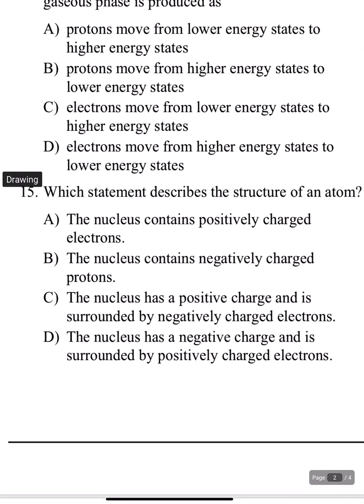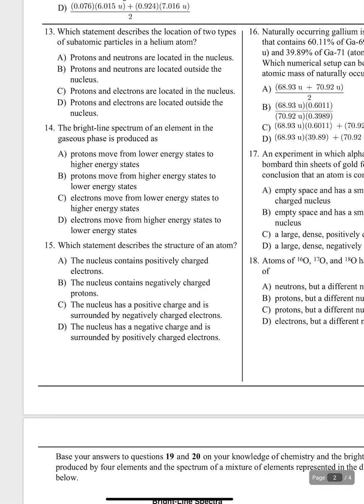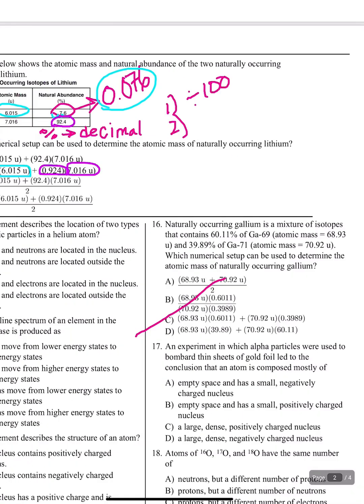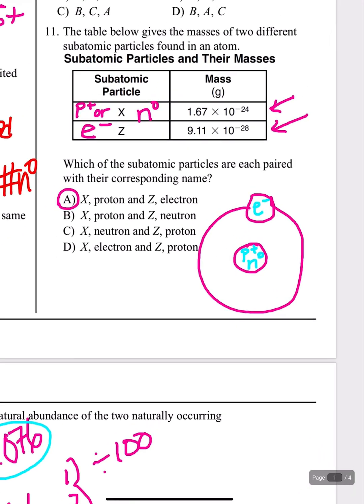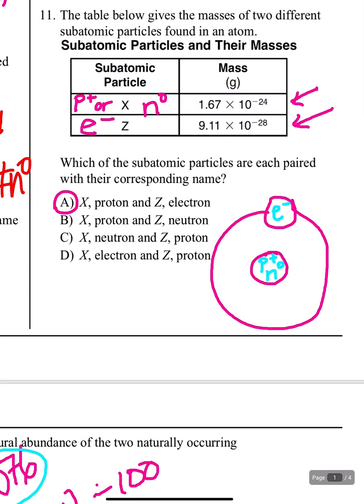Number 15. Okay, once again, talking about the atom, the structure of the atom. So we discussed this back in question number 11. We said that protons and neutrons are found in the nucleus and electrons around it.